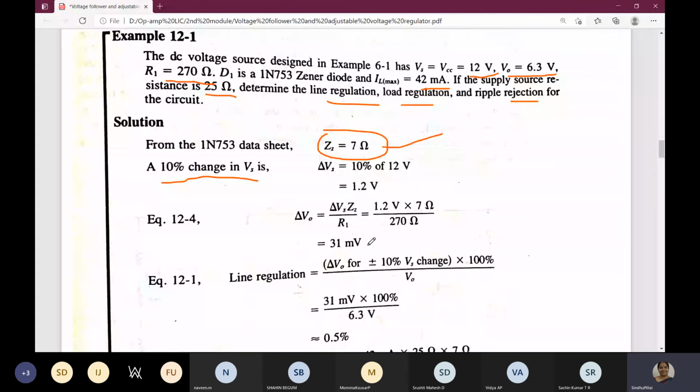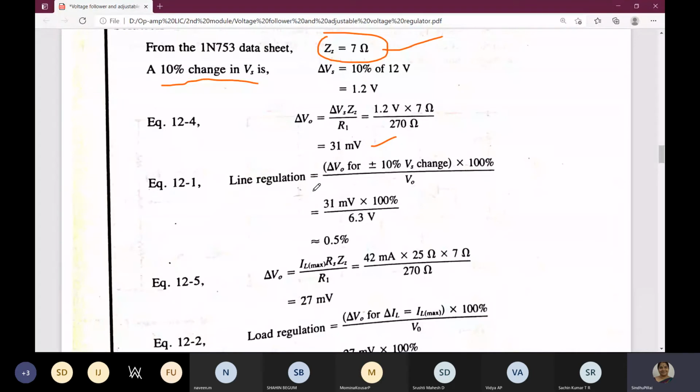This you have to substitute in your line regulation formula. It is the change in the output voltage for plus or minus 10% change in Vs divided by the original output voltage. The change in the output voltage is 31 millivolts. Dividing by 6.3 and multiplying by 100, you get it as 0.5%.